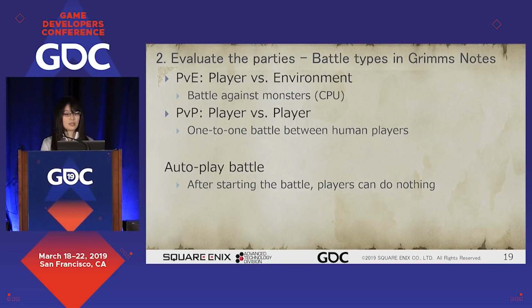In Grimm's Notes, there are different types of battles. We focused on 2 types of them, PvE and PvP. In PvE, the player fights against predetermined parties from the game. On the other hand, in PvP, the parties are fine-tuned by other players.